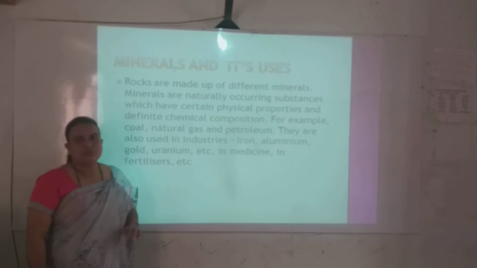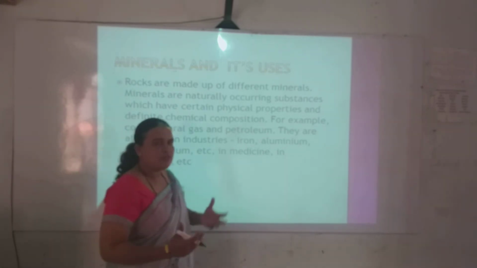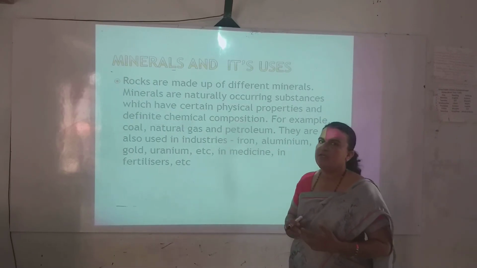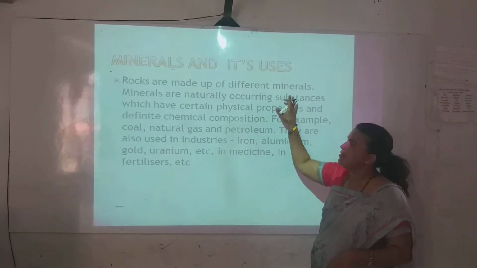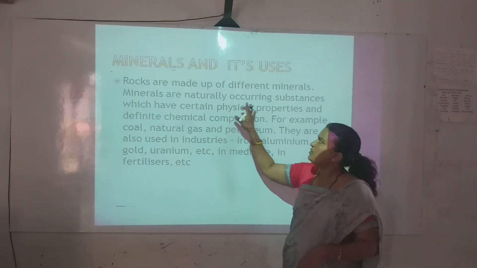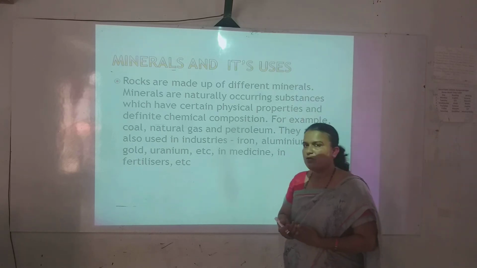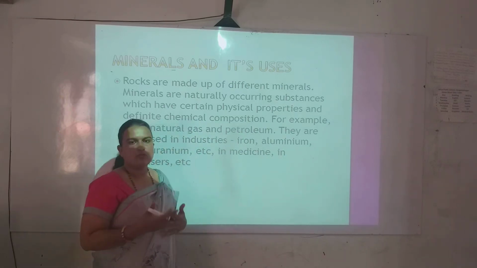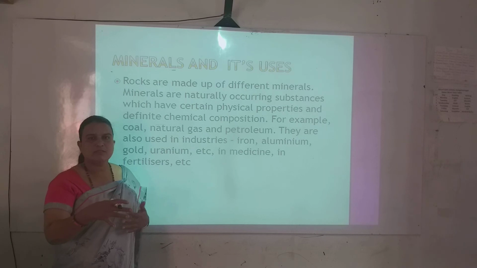Minerals and their uses. As we studied various types of rocks, how are these rocks formed? Rocks are formed of different minerals. Minerals are naturally occurring substances, varying with the climate.